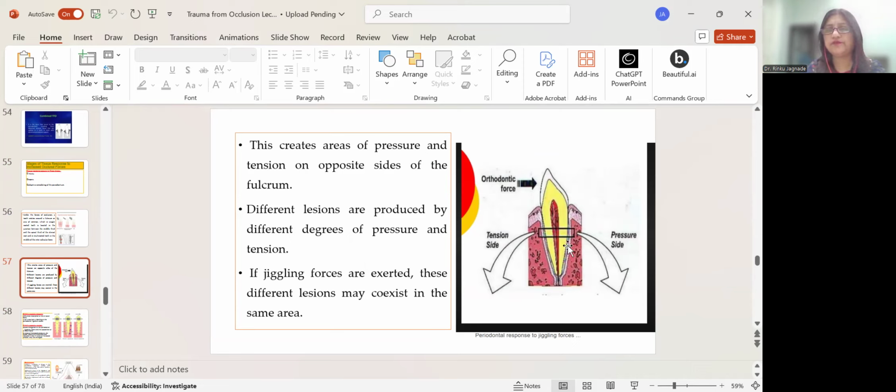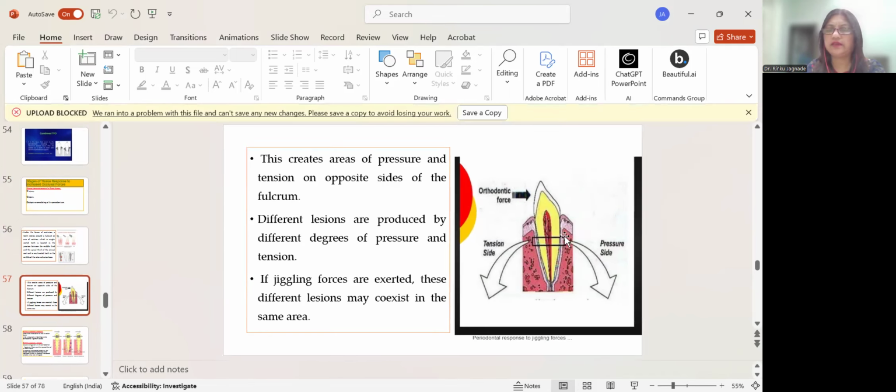Different types of lesions are produced by different degrees of pressure and tension. In these areas, different types of lesion exist depending upon the severity of the forces. If jiggling forces are exerted, these different lesions may coexist in the same area. It means if the force acts from one direction, two specific areas will form.